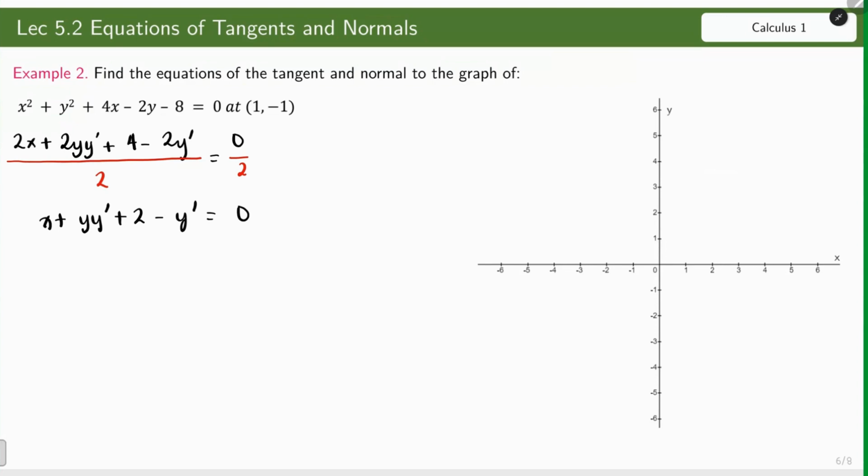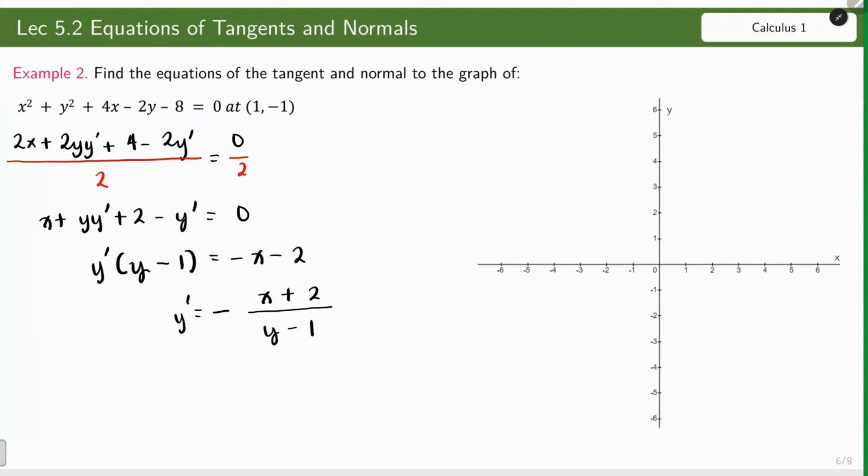Isolating the terms with y prime from the terms without and also applying factoring, we have here y prime times the quantity y minus 1 is equal to negative x minus 2. Okay, y prime becomes, let us take out the negative, negative x plus 2 and then all over y minus 1.